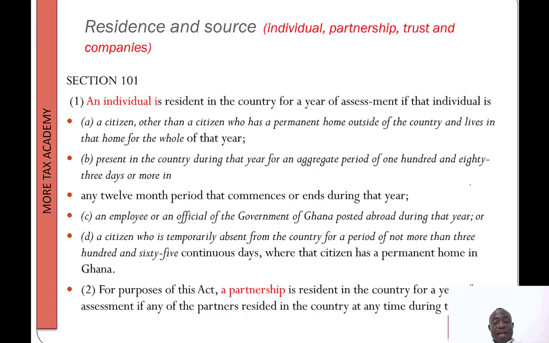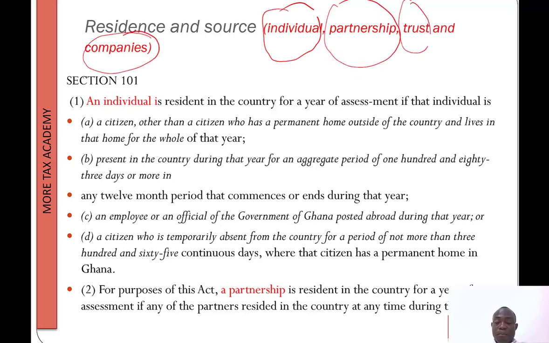So section 101 has 4 main subsections, and each of them speaks to the persons that I spoke about. So we are going to talk about resident individual, resident partnership, trust, and companies. These 4 persons must be resident or non-resident, and it is automatic whether you are a resident or non-resident. So first of all, let's look at resident individuals.